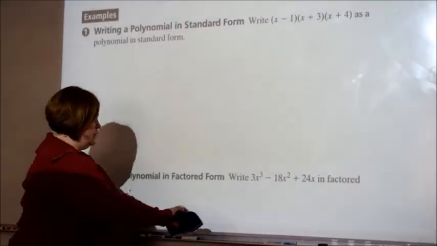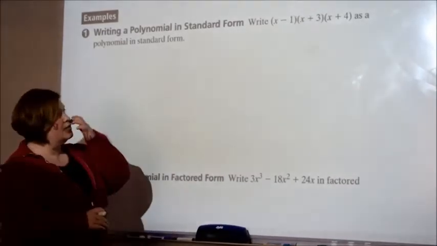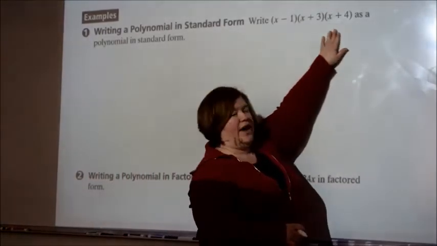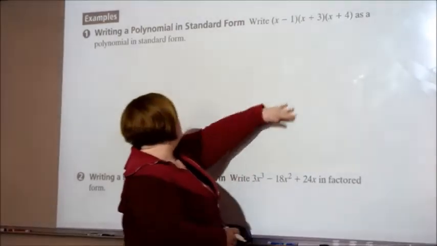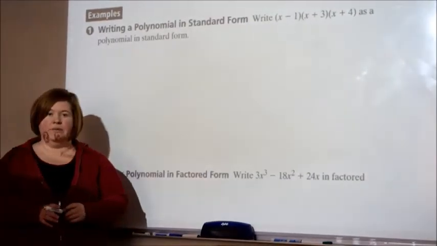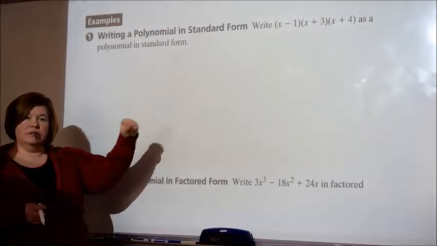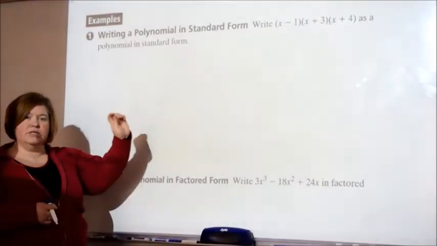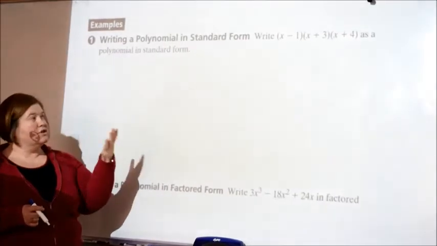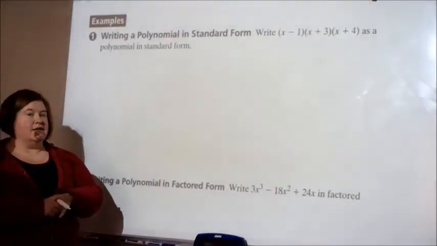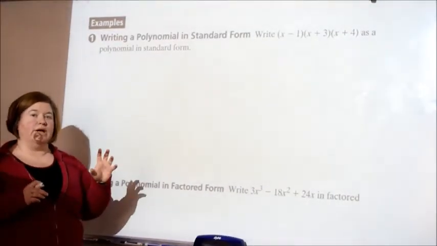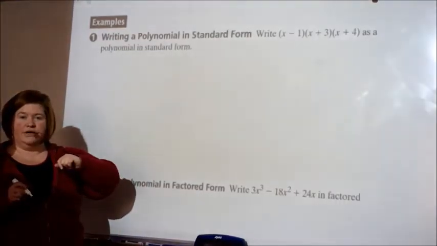So the first thing that we want to do, right now this polynomial is written in factored form, and we want to write it in standard form. Let's remember that standard form means that we're writing all of the terms with the biggest exponent to the smallest exponent. Well, first of all, what we're going to need to do is that cool thing we like to do, foiling. But we have 3 terms here.